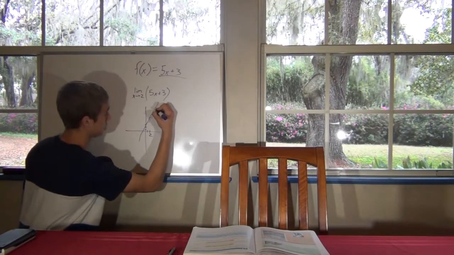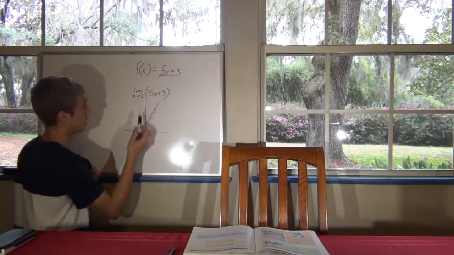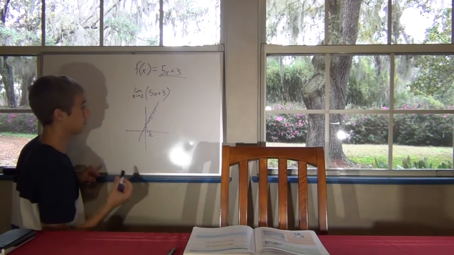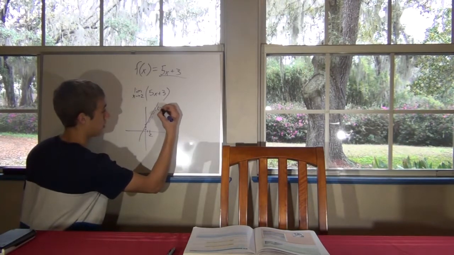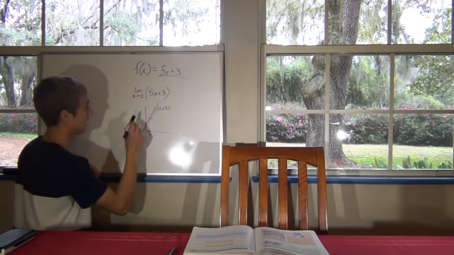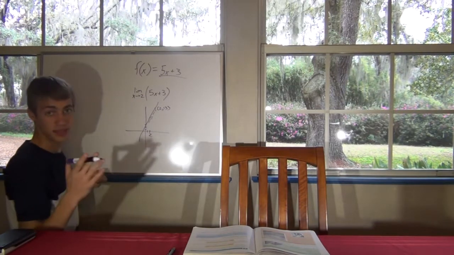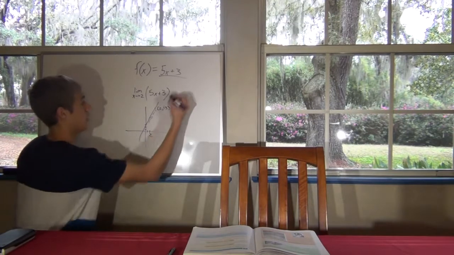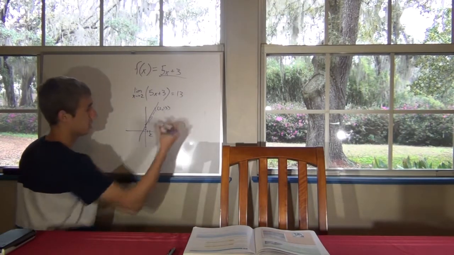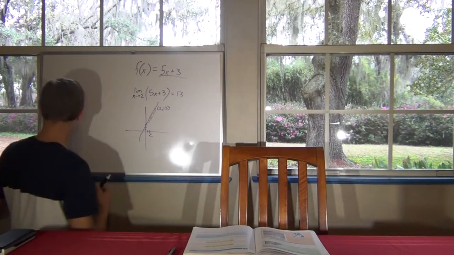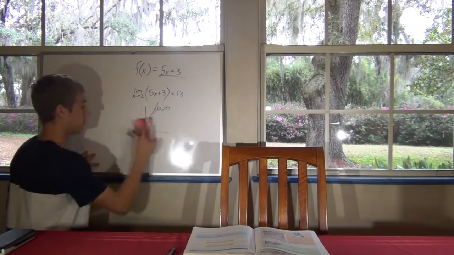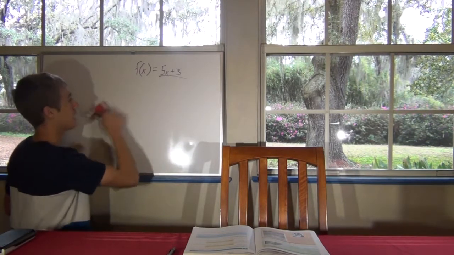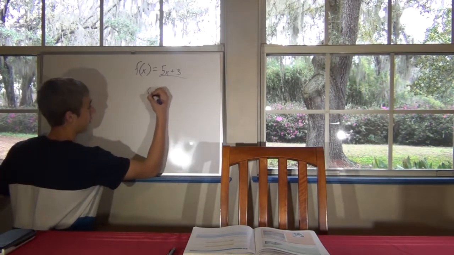Boom, and you can say that's going to be 13. So your point is (2, 13), and your limit as x approaches 2 is going to be 13.